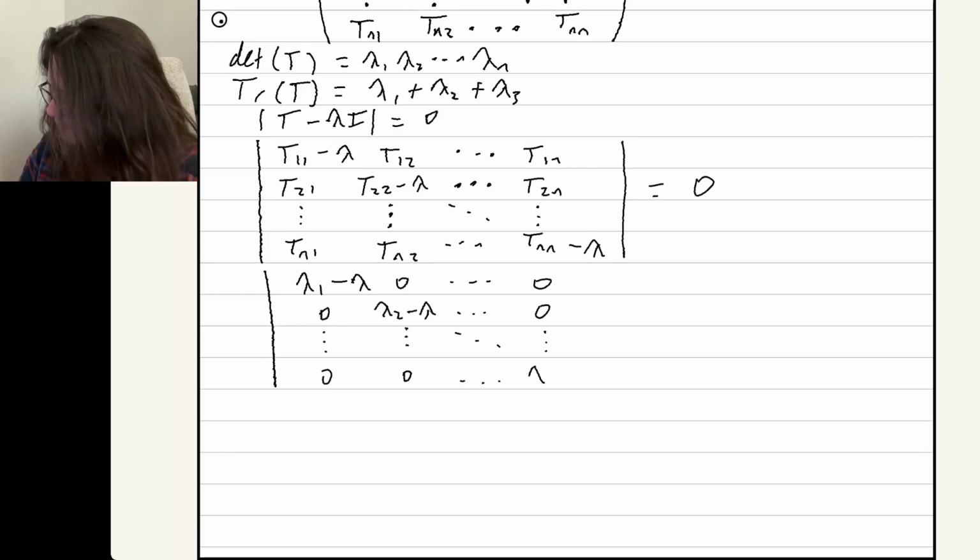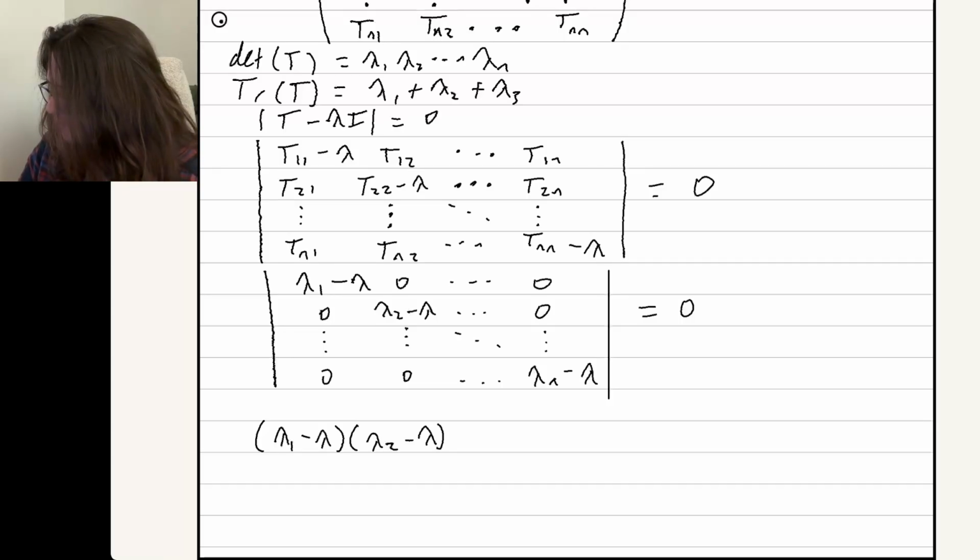And then you have a lambda n minus lambda down here, and the determinant of that is equal to 0. So we can just multiply the diagonal elements together, dot dot dot, lambda n minus lambda.